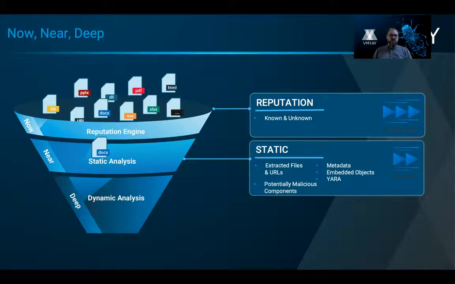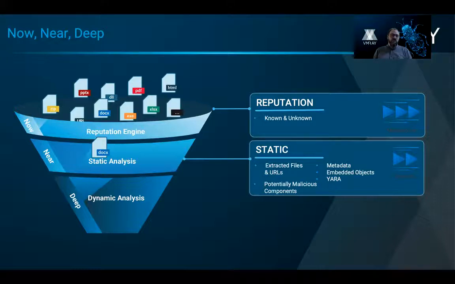So instead of just a hash-based technology that's looking for known good and known bad files based on their hash, look into some more details of the file. Analyze what's actually there using static analysis methods.